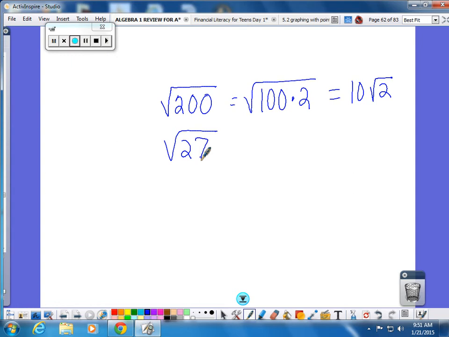That one's pretty easy. Largest perfect square that'll divide into 27: 9. The square root of 9 is 3, and left underneath the radical symbol is this 3.